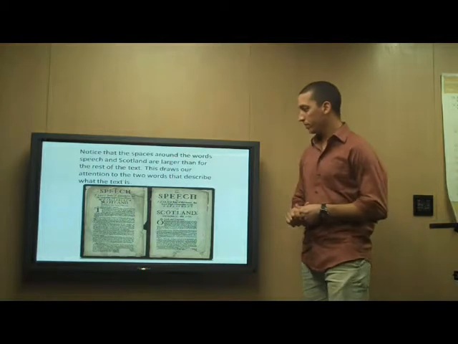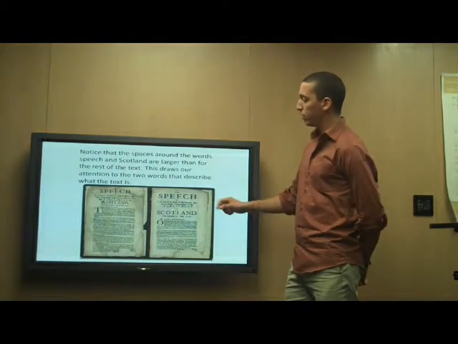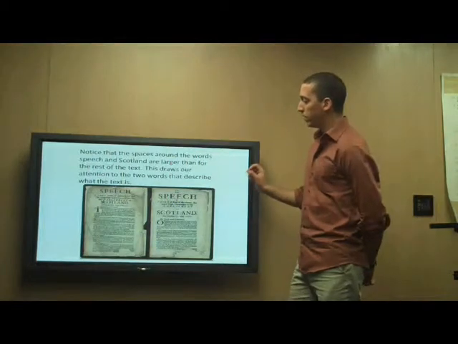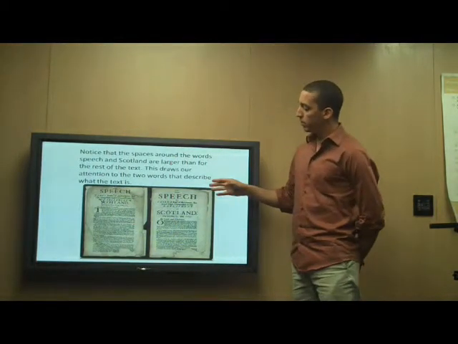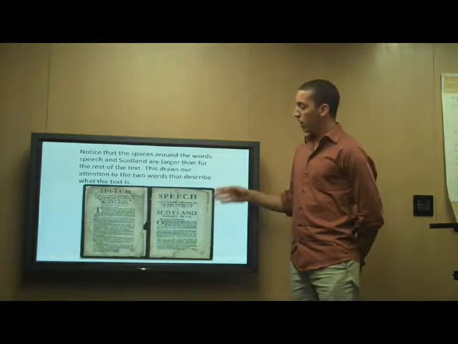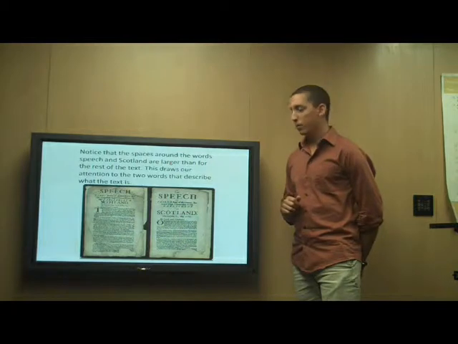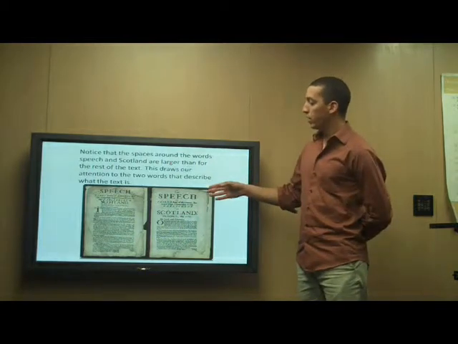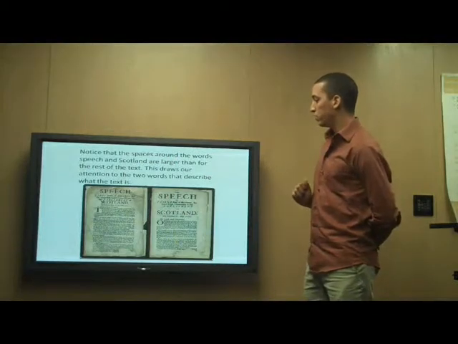Now, in this case, the same document, we could see that the words speech and Scotland are spaced in a different way from the rest of the document, and that's because these two words refer to the subject of the document. So they are intended to draw your eye to those two words, which are speech and Scotland.